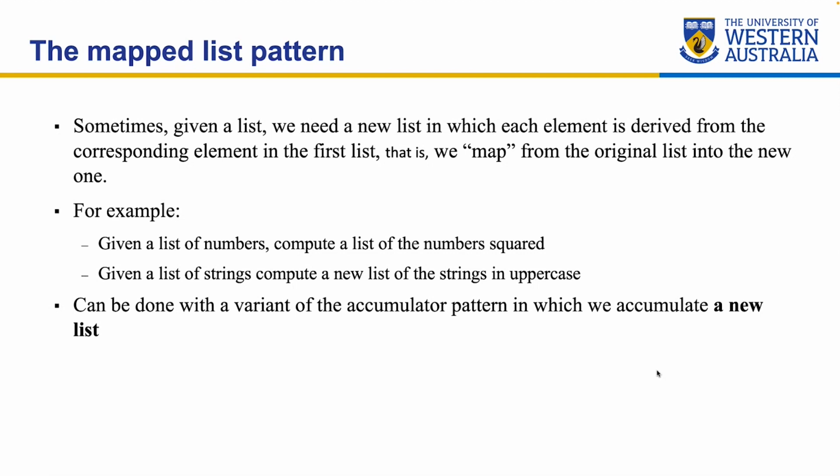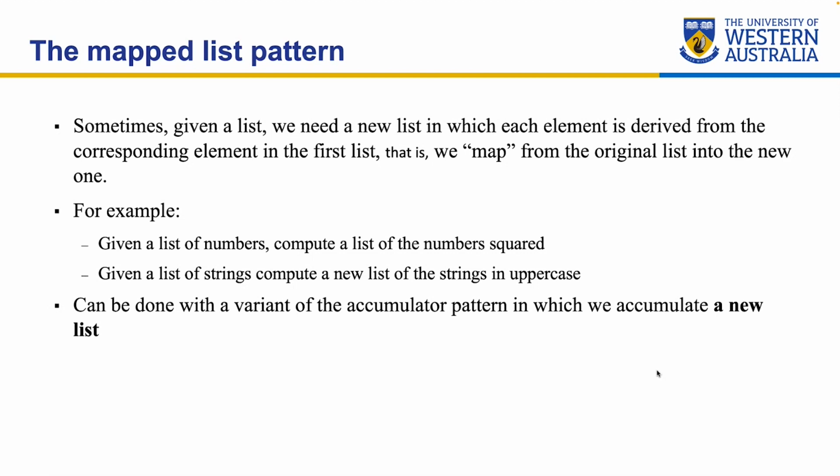Okay, so the next one is the mapped list pattern. Sometimes given a list, we need a new list in which each element is derived from the corresponding element in the first list. That means we are mapping it from the original value to a new one. For example, given a list of numbers, compute a list of numbers squared.